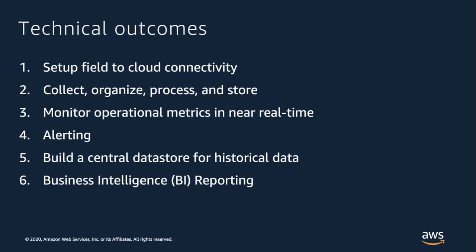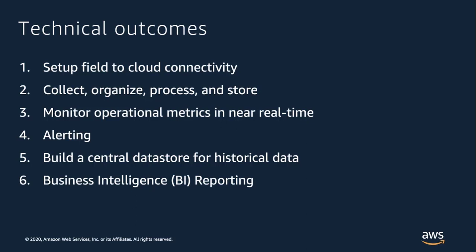Now, after hearing all the requirements, if you start to categorize them into technical outcomes, there are usually six things. You are looking for setting up field to cloud connectivity, going through your infosec requirements, which ports you can open, which ports you cannot open, and things like that. And then once you have figured out the connectivity, you are talking about collecting, organizing, processing, and storing the data.